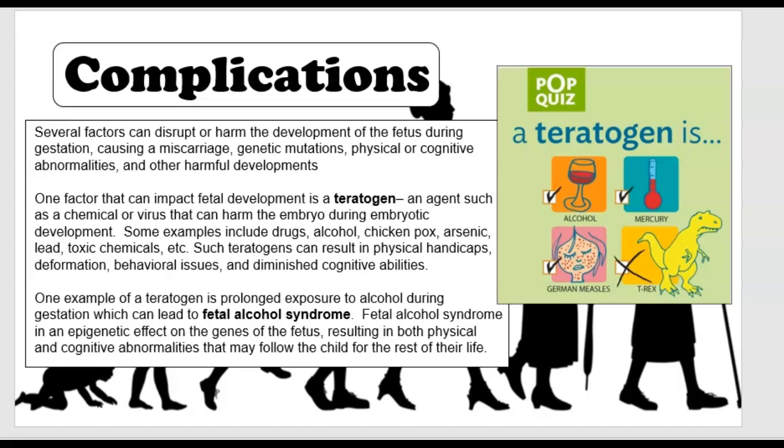A teratogen is an agent such as a chemical or a virus that can harm the embryo during embryonic development. This can include drugs, alcohol, sicknesses, arsenic, toxins, and this all can result in things like physical handicaps, deformities, behavioral issues, diminished cognitive abilities. To remember how to pronounce this word, you could think of a T-Rex, because the idea is that it's a teratogen.